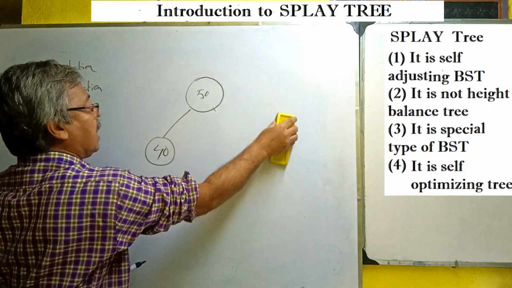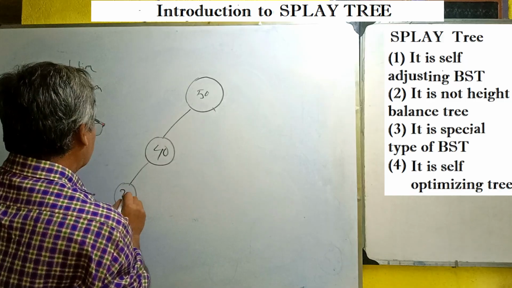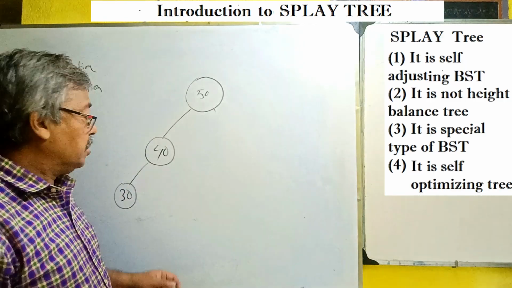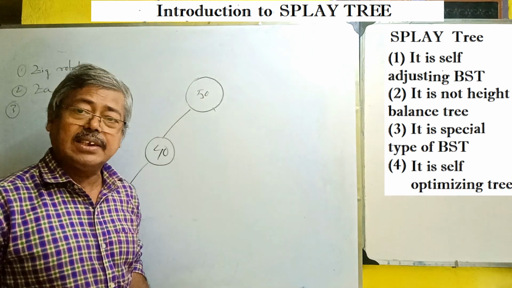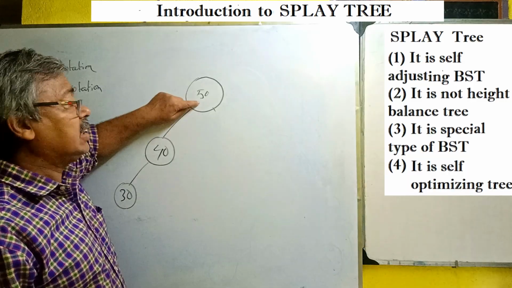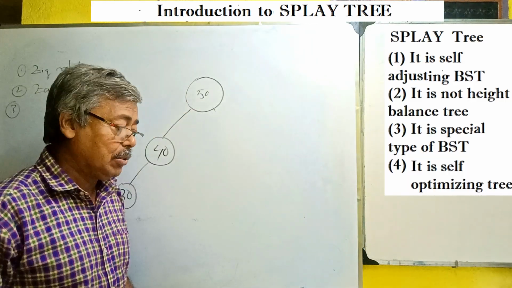Now I am coming to another rotation. Suppose this is the tree with 30, another node, the left child of 40. If 30 is the search key, then 30 should be placed at the position of 50. How will this rotation be performed?